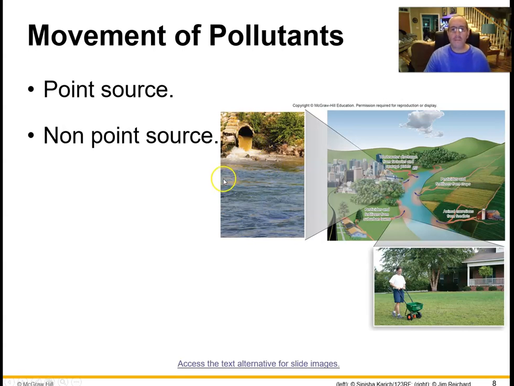You have a water body, and you have a point source. This is one point. All this effluent, this water, is flowing out of here into this river. So whatever factory is above this, we can't see in the picture, it's putting out this water. That's a point source. That means we know exactly where this water is coming from, and it's all coming from this one pipe.